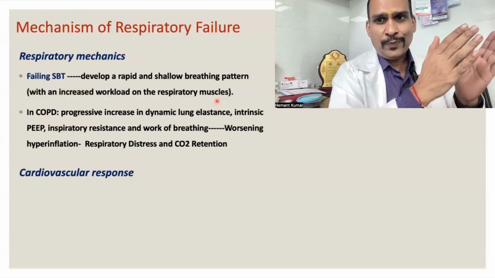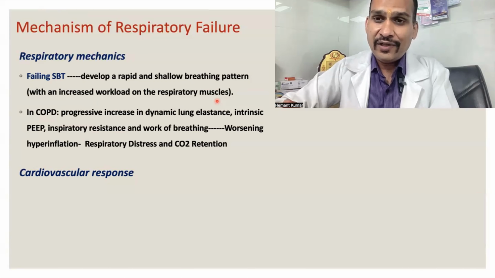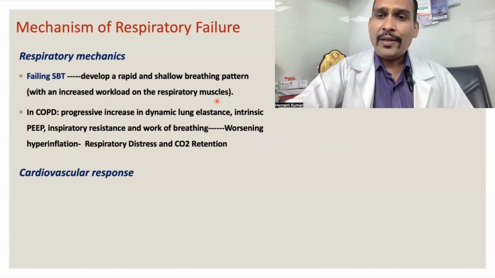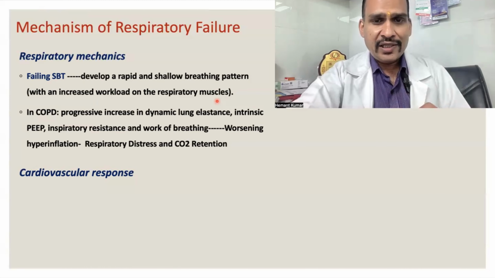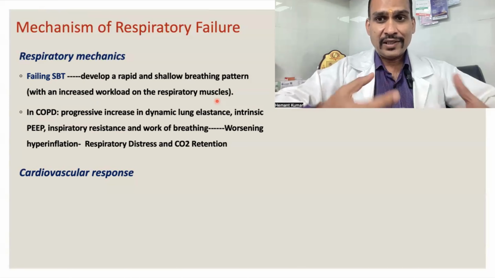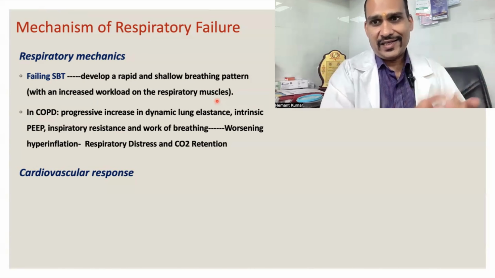This sudden switch from positive pressure ventilation to negative pressure ventilation can cause respiratory distress. How? With invasive mechanical ventilation, we are supporting the respiratory system and giving tidal volume, so the respiratory muscles are getting rest.